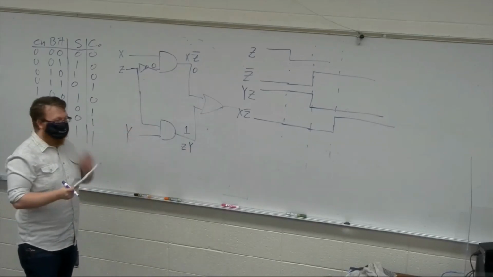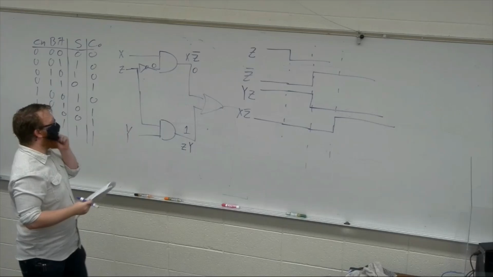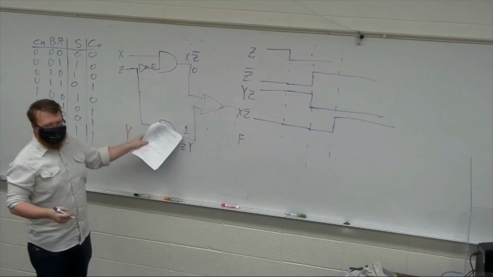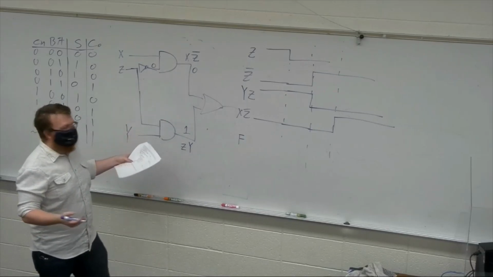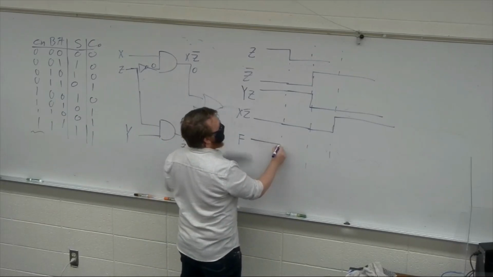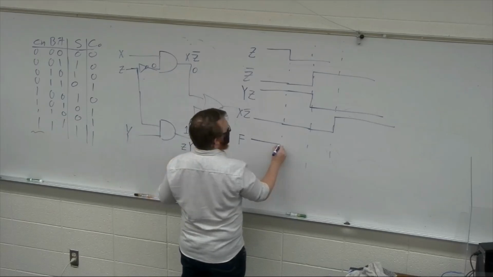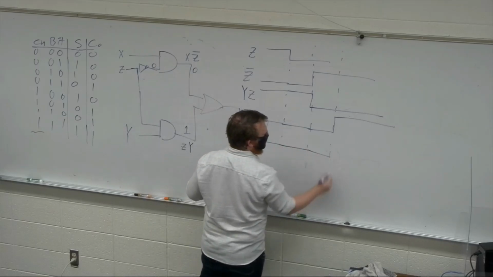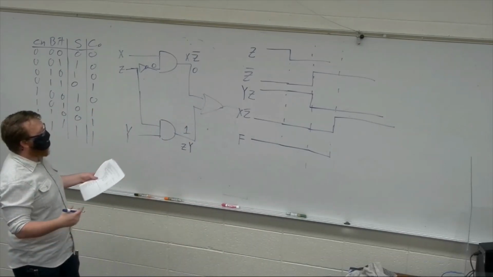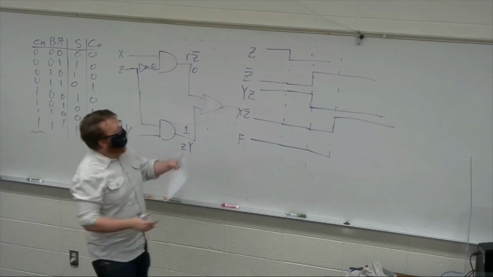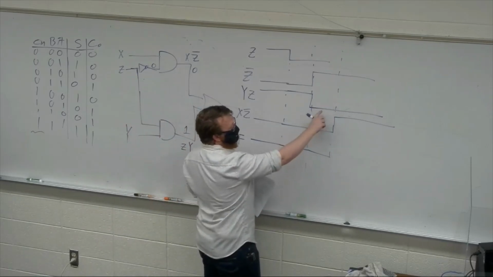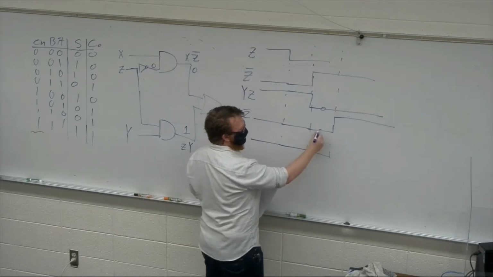Now the output, we'll just call this F. When we started, it was 0 or 1, which is true, right? So it starts high. We know it's not going to change just because Z changes, because the soonest that it can change is after 2 gate delays, right? Therefore, after 2 gate delays, we need to evaluate what is this or that. Well, at this point, that's 0, that's 0.